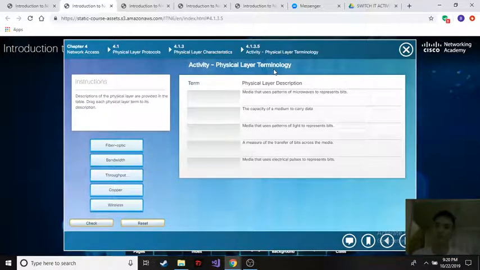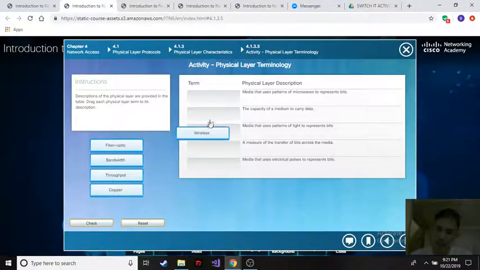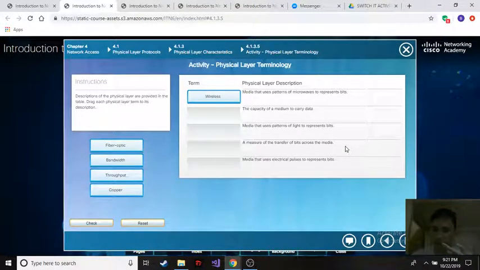So for the physical layer descriptions, the first is media that uses patterns of microwaves to represent bits. So the media that uses patterns of microwaves to represent bits is wireless. Next is the capacity of a medium to carry data.